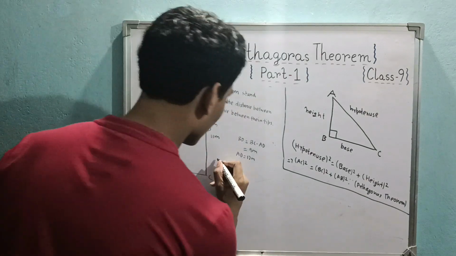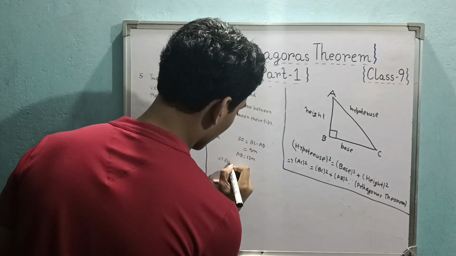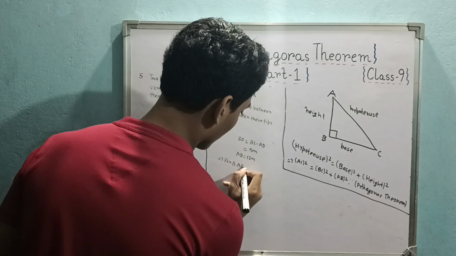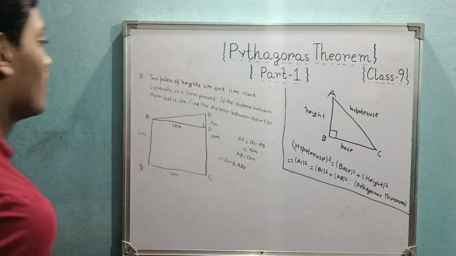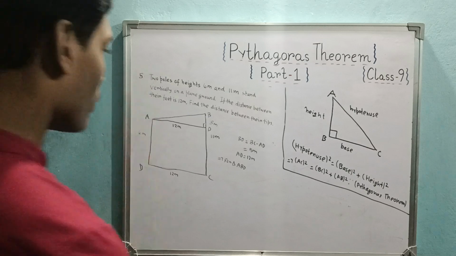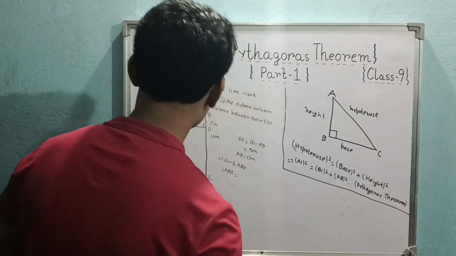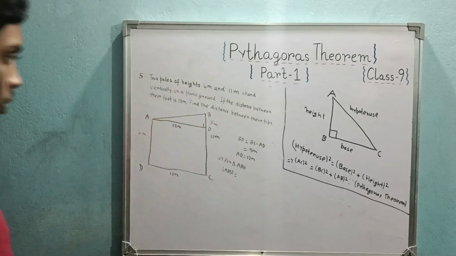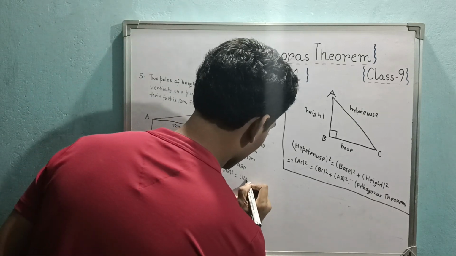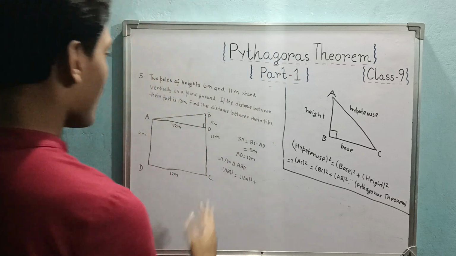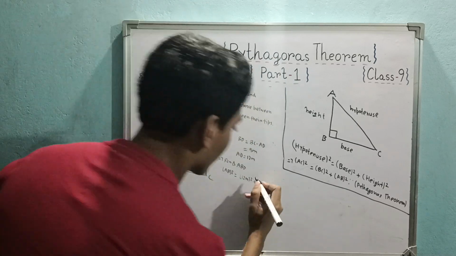Very easy. For triangle ABD, hypotenuse square, AB square, equals base square, AD square, 12 meter square, plus height square, BD square, 5 meter square.